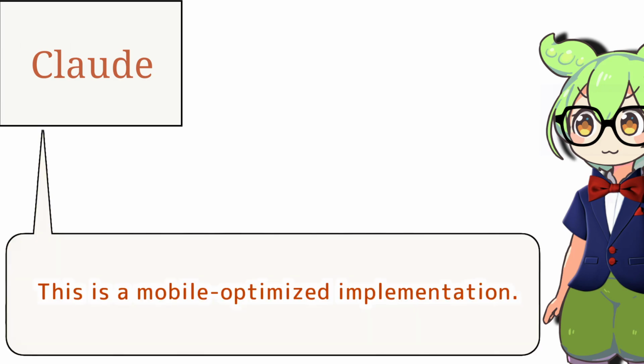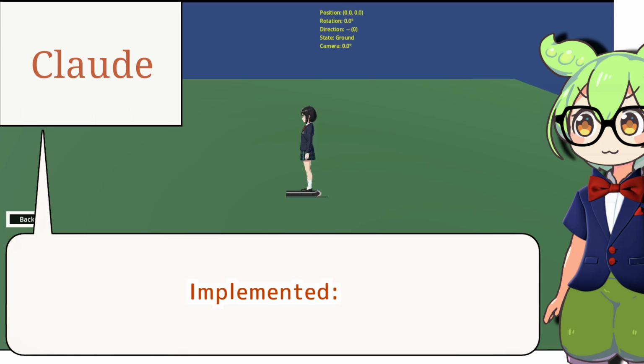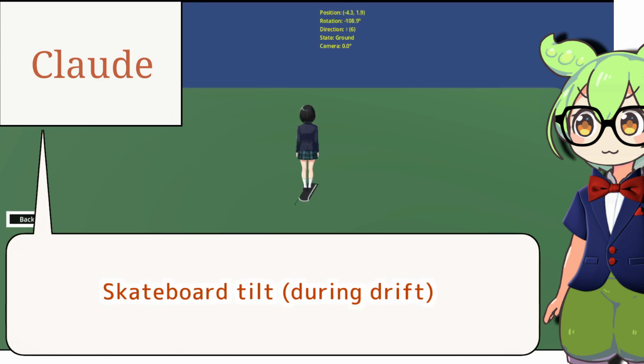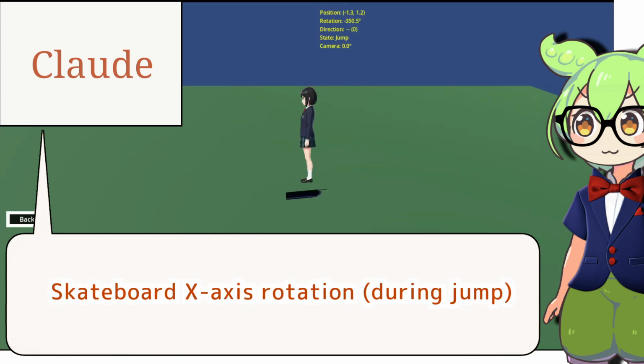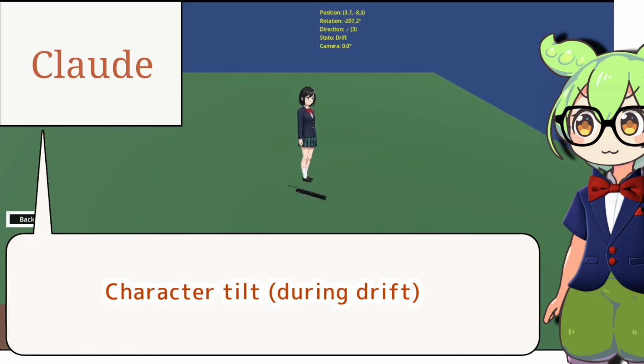This is a mobile-optimized implementation. Basic visual effects implemented. Implemented. Skateboard tilt during drift. Skateboard x-axis rotation during jump. Character stretch during jump. Character tilt during drift.